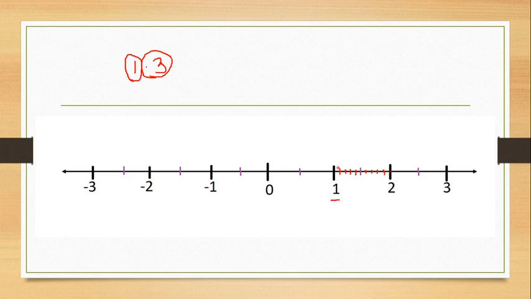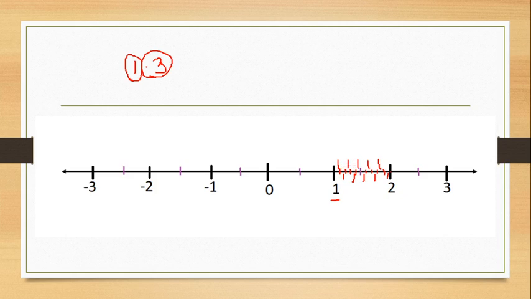So see now, this is the first line, this is the second part, third, fourth, fifth, sixth, seventh, 8, 9 and 10. So there are 10 small parts between 1 and 2.